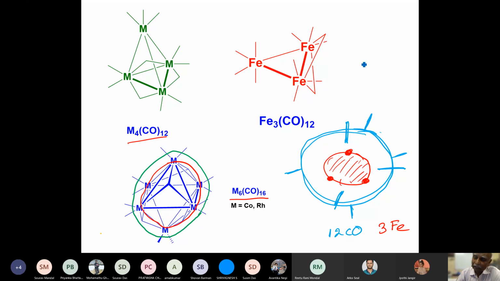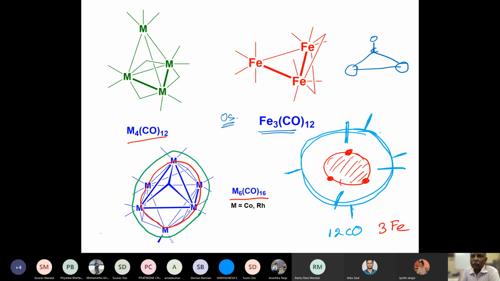But when the metal atoms are very large, and the separation between the two is large, then bridging becomes unfavorable. For metal atoms like osmium, the corresponding complex does not have any bridging carbon monoxides.